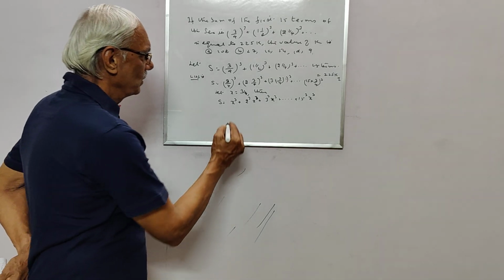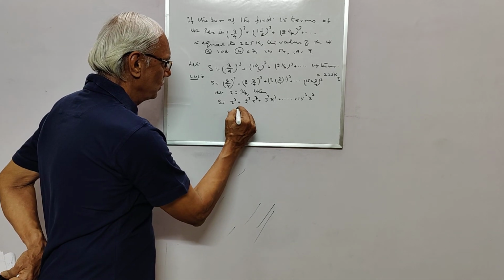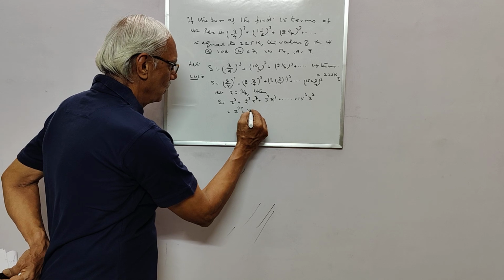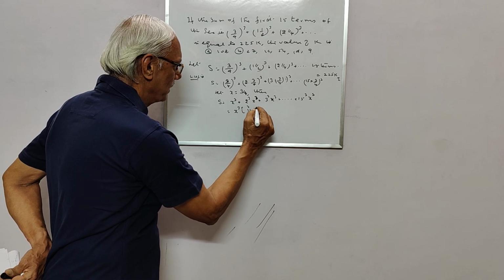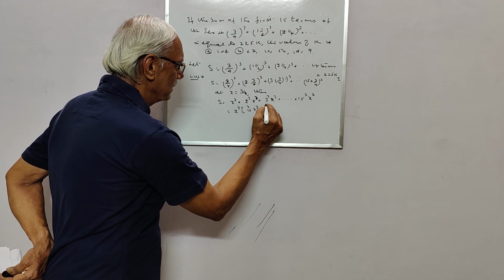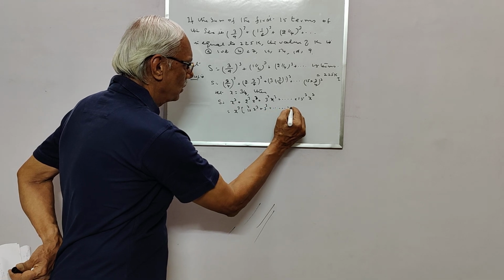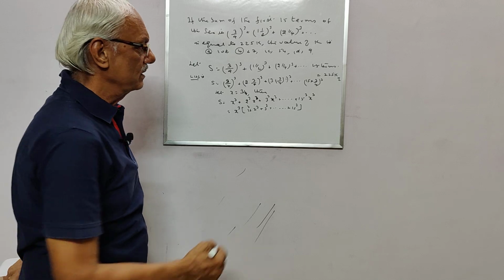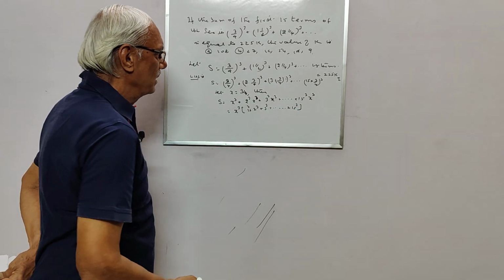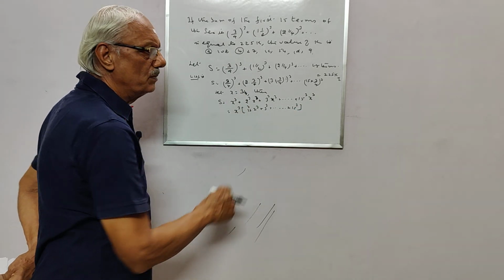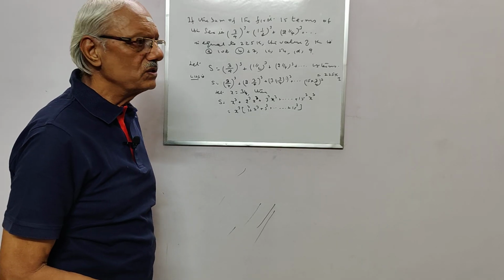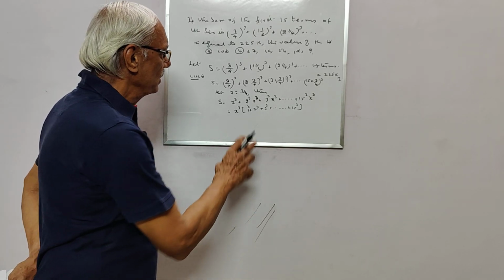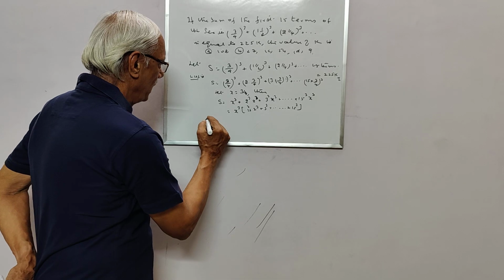This is what you get. So you see that this x cubed can be taken outside: 1 cubed plus 2 cubed plus 3 cubed plus dot dot dot up to 15 cubed. Now the x value has been taken to be 3/4. I will use it for the final simplification.